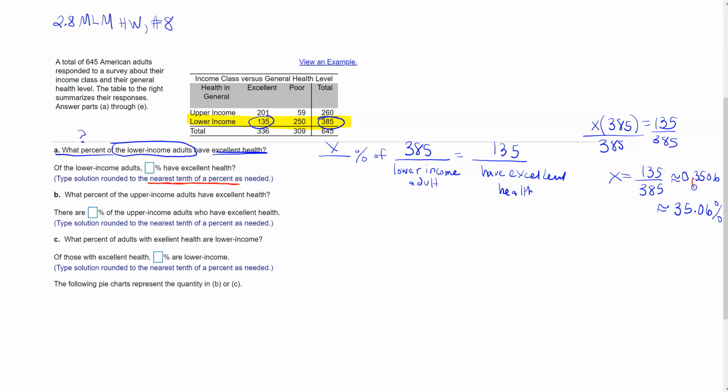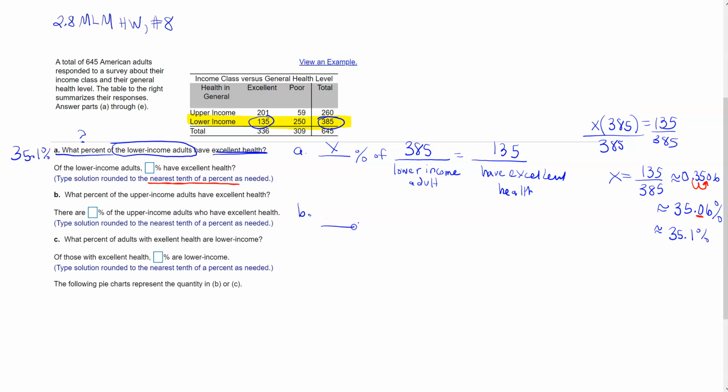So I need to change my decimal to a percent first and then round to the tenth, which is one decimal place. So I'm going to enter 35.1% into my MyLab for part A. So 35.1% of lower income adults have excellent health. Okay, and then you would continue this for parts B and C.